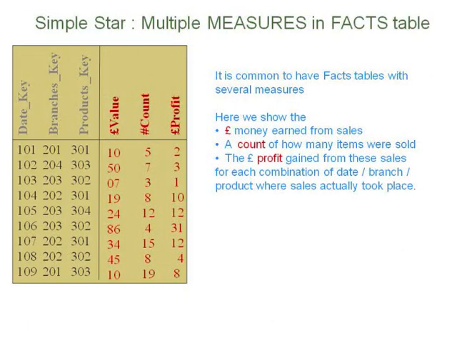And it is common in facts tables to have several measures. In the current example, we now show 3 measures. The value of money earned from sales, a count of how many items were involved in that sale, and the amount of profit gained for those sales. So, now as you've seen, as well as having multiple different dimensions, we can also have multiple measures.